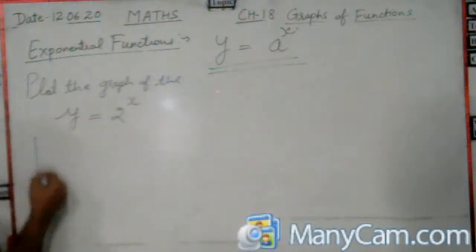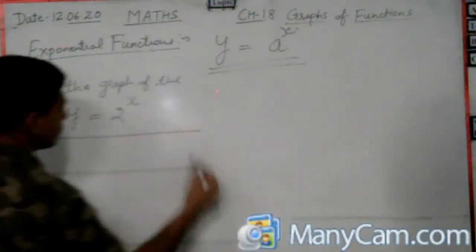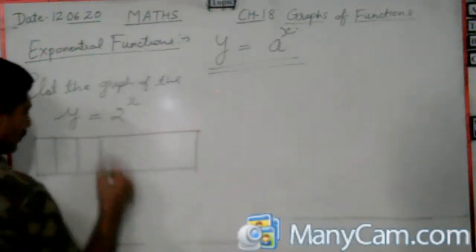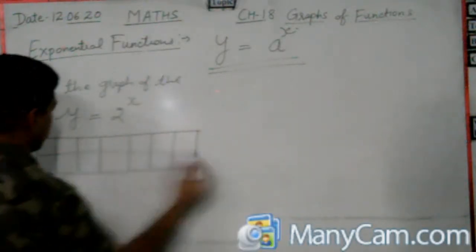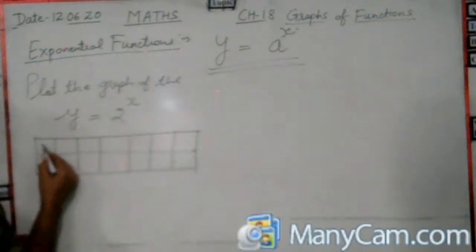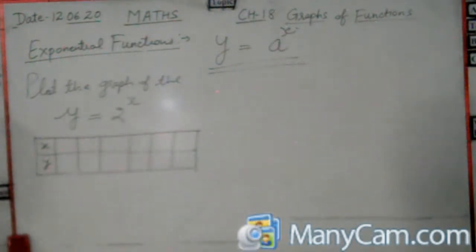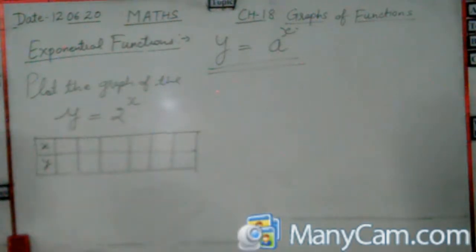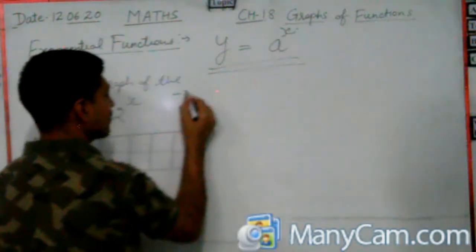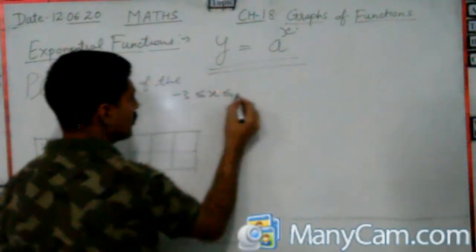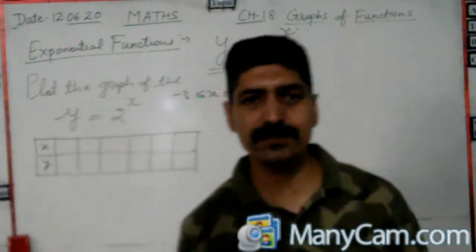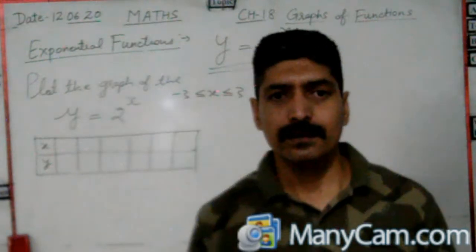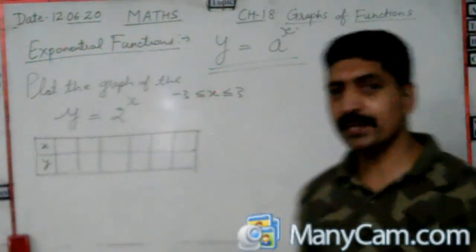So here we can make a table, and here the range is given. For the value of x, the value of y. The range is given as minus 3 to 3, x is greater than or equal to minus 3 and x is less than or equal to 3.